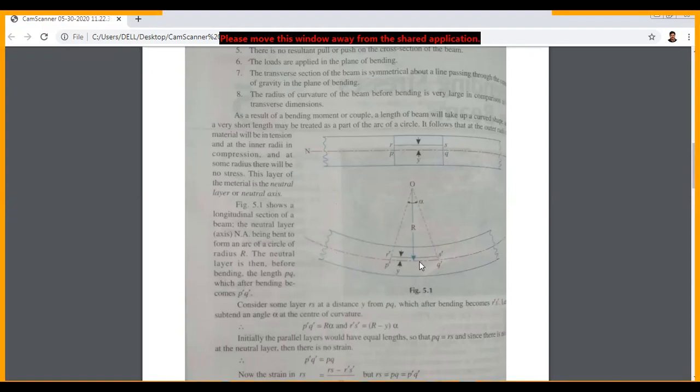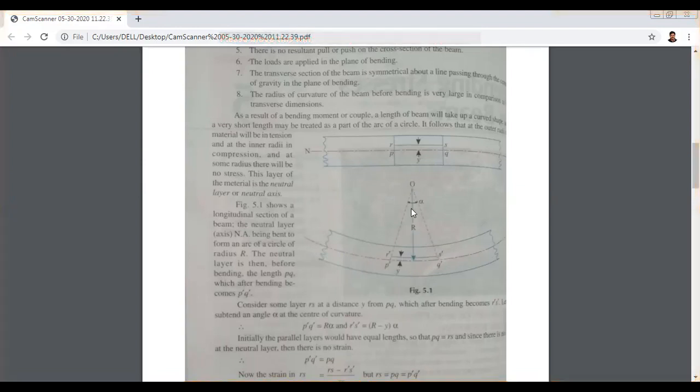Of course, the shape of the neutral axis will change, because without bending it was a straight line, but after bending it would be a curve, with a radius. The shape of this neutral axis will change slightly. When this is curved, it will have a radius of curvature, and that radius of curvature is very large, because this is almost like a straight line.